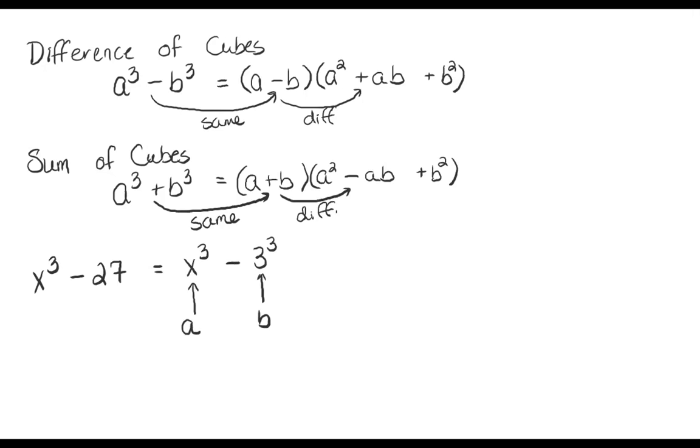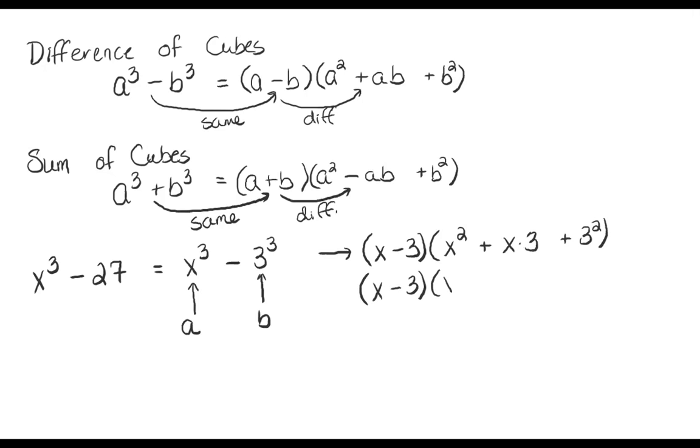And so let's see what we get. x minus 3 times x squared, A squared, plus A times B, x times 3, plus B squared, 3 squared. And then a little simplifying: x minus 3 times x squared plus 3x plus 9.